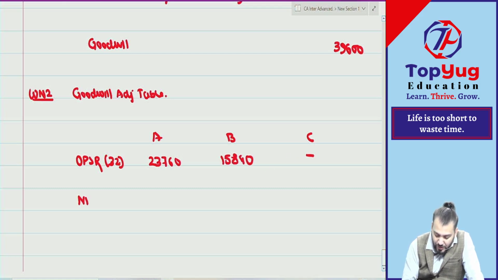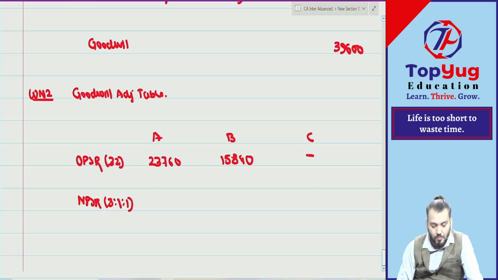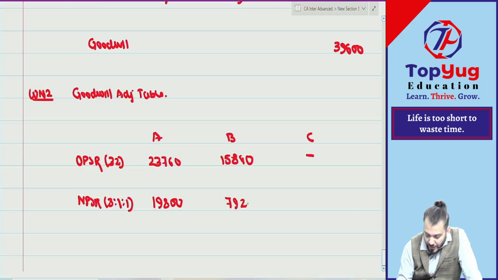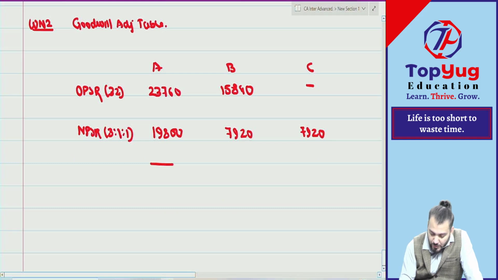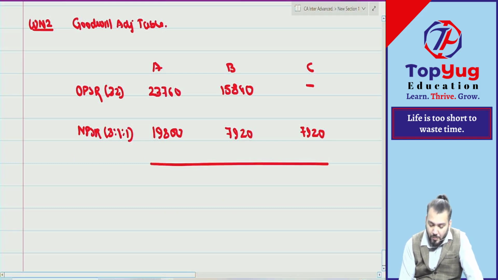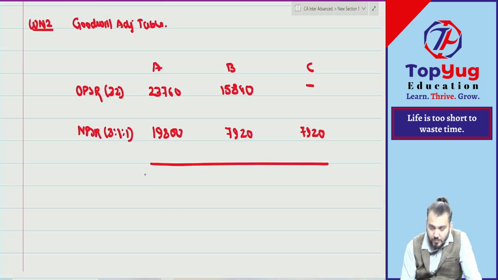Then in new PSR, 3:1:1, how much? 19,800, 7,920, 7,920. Tell me, how much? Where?